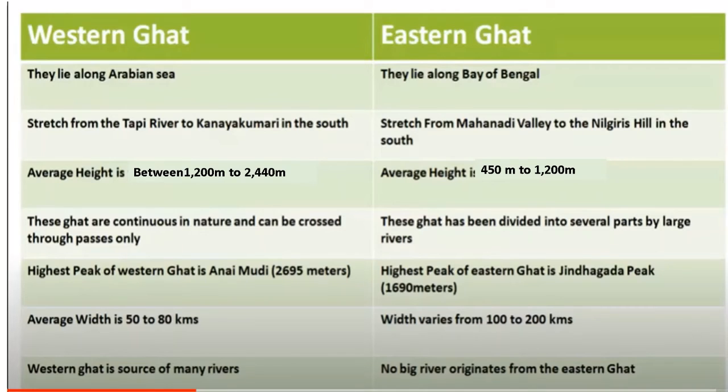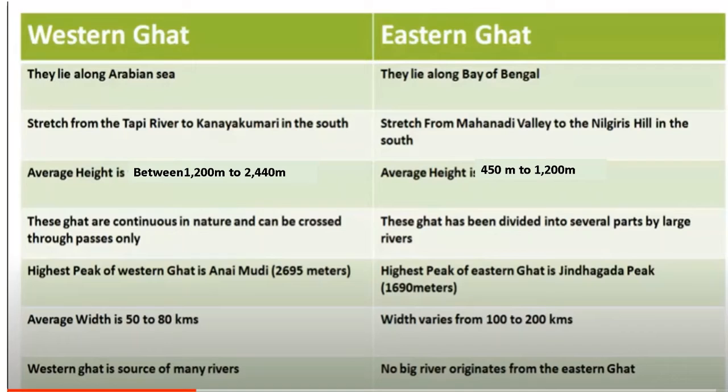The Eastern Ghats have been divided into several parts because of large rivers. The highest peak of the Western Ghats is Anaimudi. The highest peak of the Eastern Ghats is Jindhagada peak. The average width of the Western Ghats is 50 to 80 kilometers, and of the Eastern Ghats 100 to 200 kilometers.